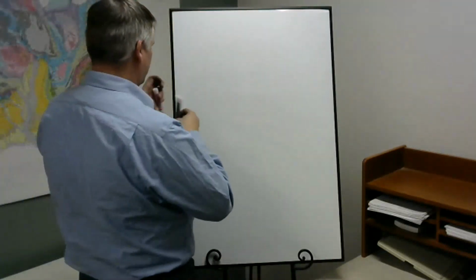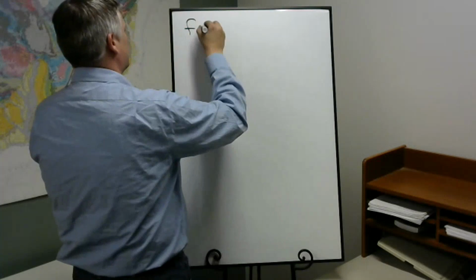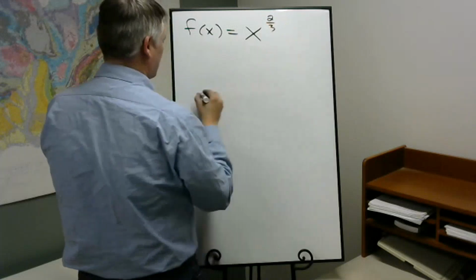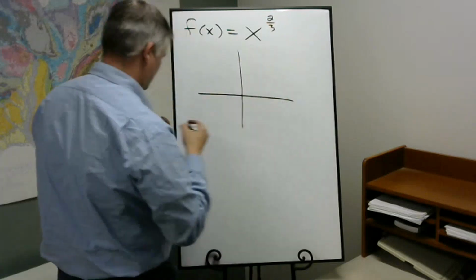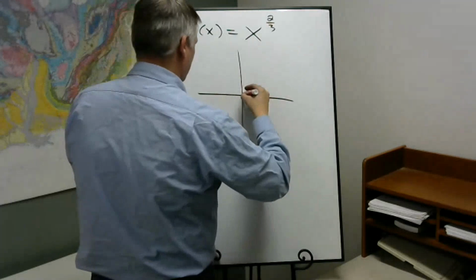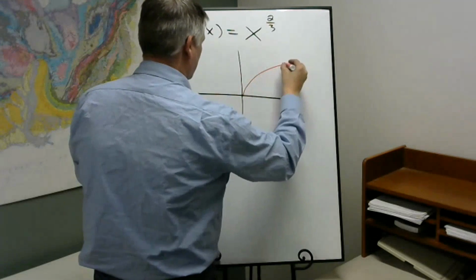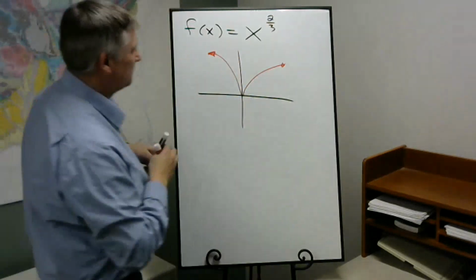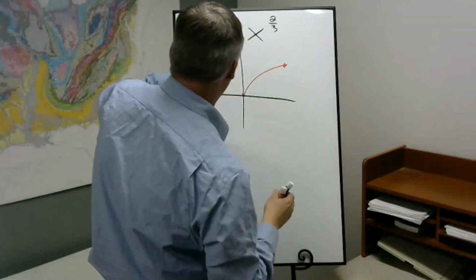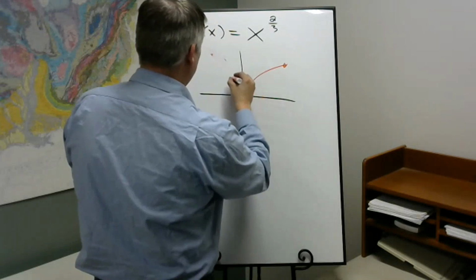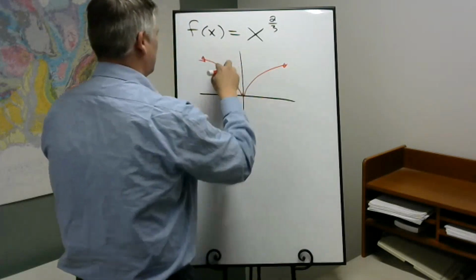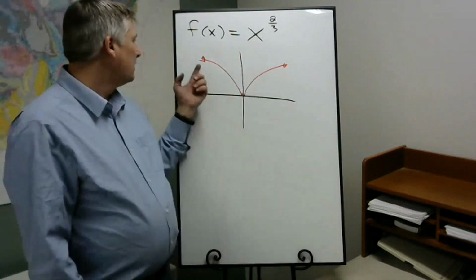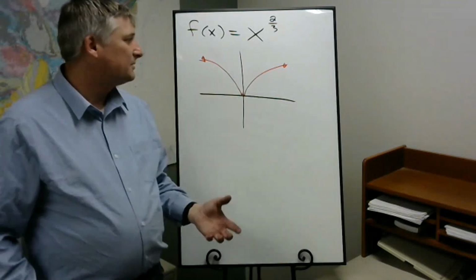So what this one looks like. Maybe this. Now, for this one, on this side of the graph, it's decreasing.